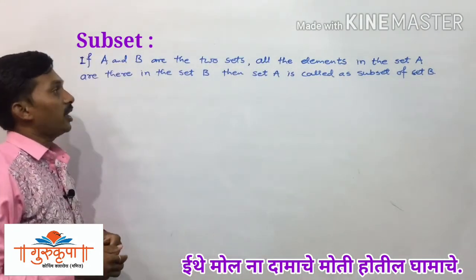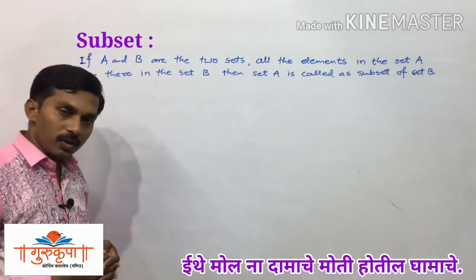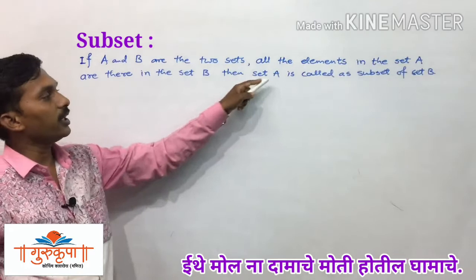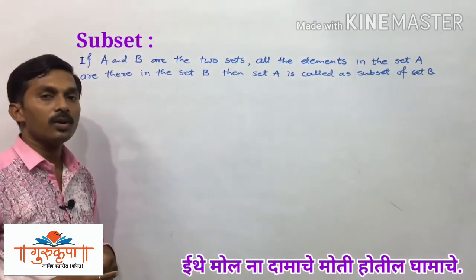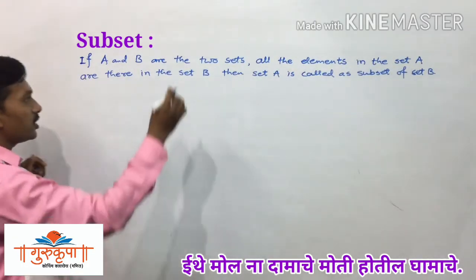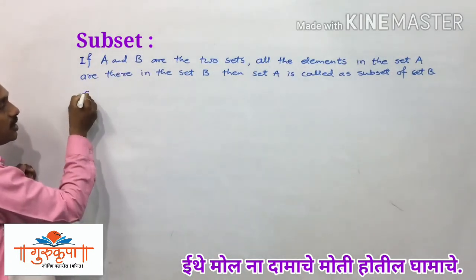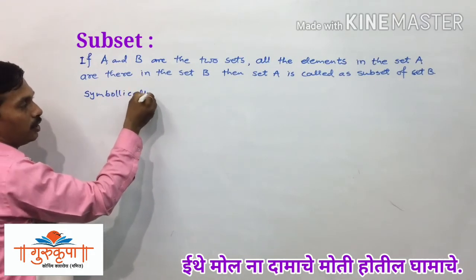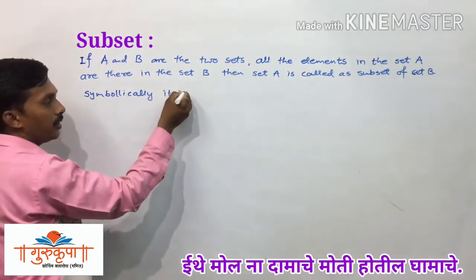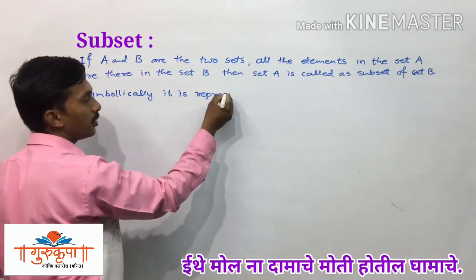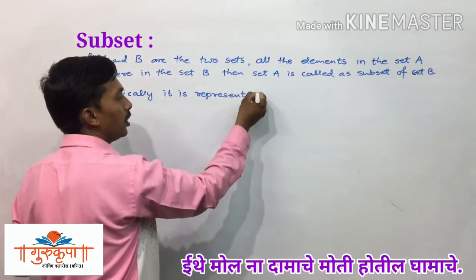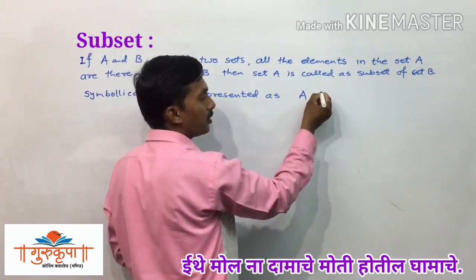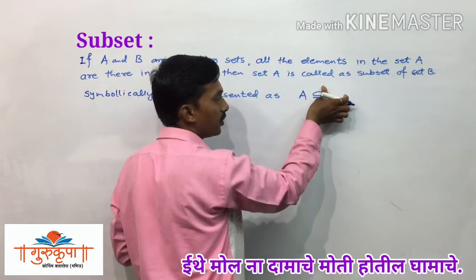If A and B are the 2 sets and all the elements of the set A are there in the set B, then set A is called a subset of set B, and symbolically it is represented as A ⊂ B. See, this is the symbol of subset.